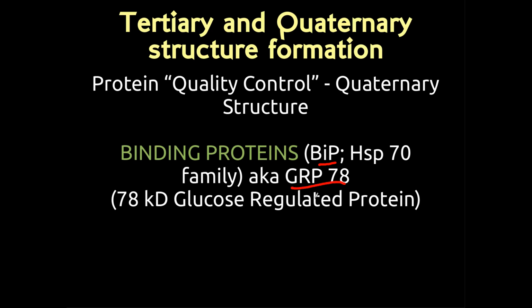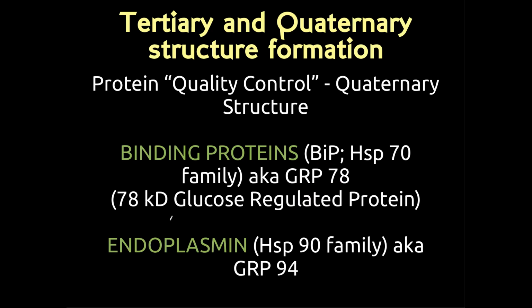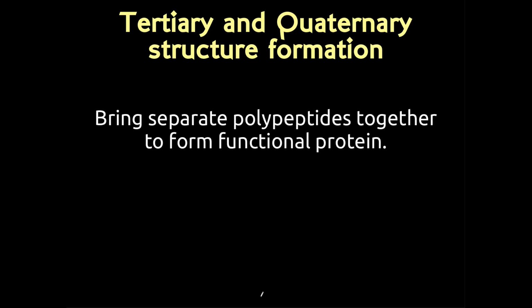They're also known as the GRP78s, with GRP coming from the name glucose regulated proteins, and they are 78 kilodaltons. Another of these protein quality control proteins is endoplasmin, which is an HSP90 family member, and it's also known as GRP94, again, glucose regulated protein, and 94 kilodalton size.